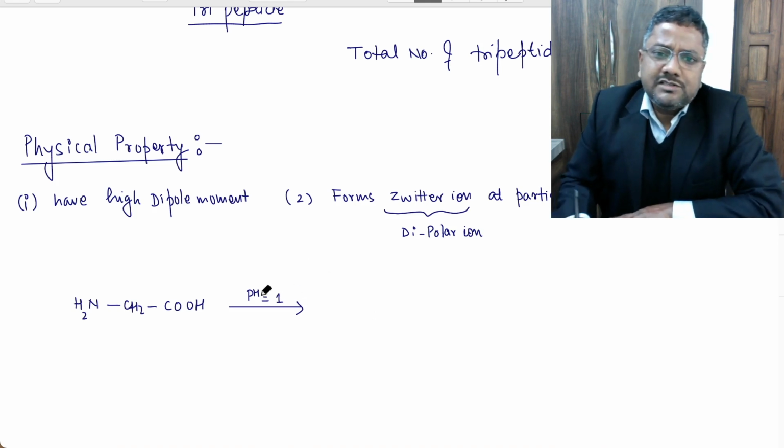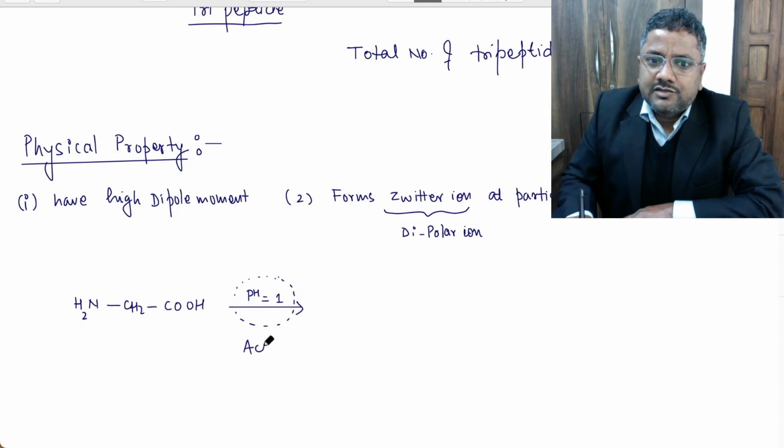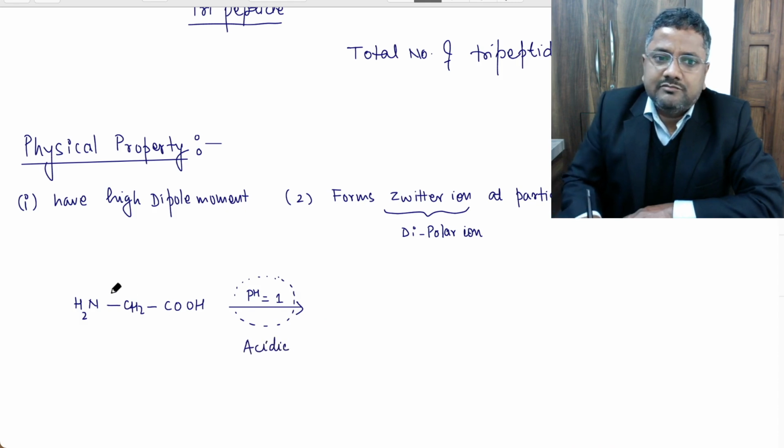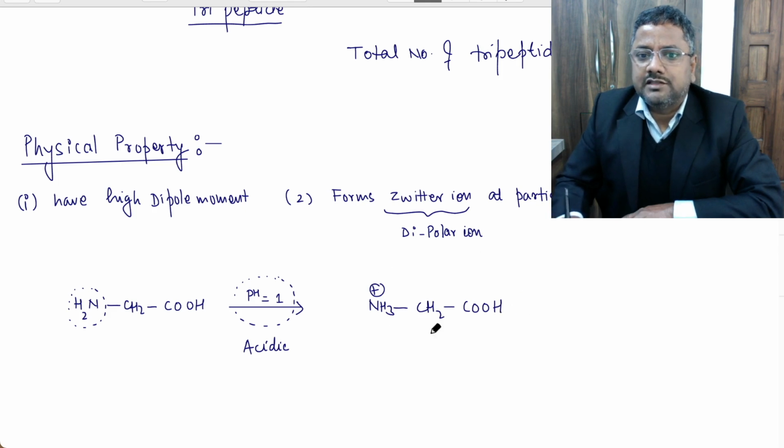So pH 1 means a strongly acidic medium. So if you take this glycine molecule, an alpha amino acid, in the acidic medium, this is a basic group, so it will protonate at this pH. Obviously H plus will combine, and this will form NH3 plus CH2 COOH. This is not a Zwitter ion. This is a single ion, a positive ion, a cation basically.